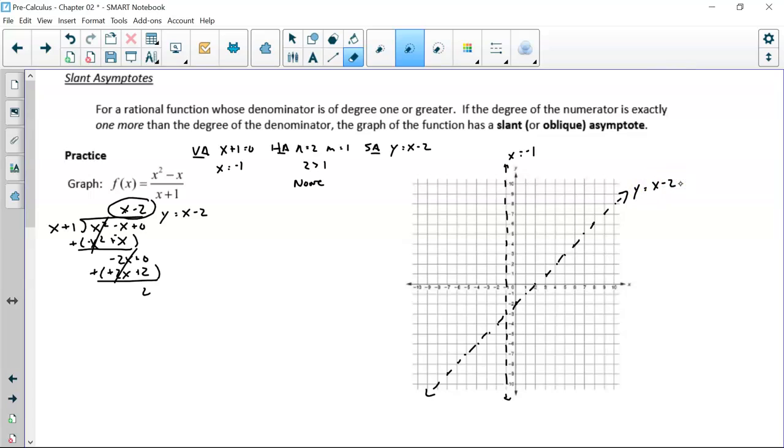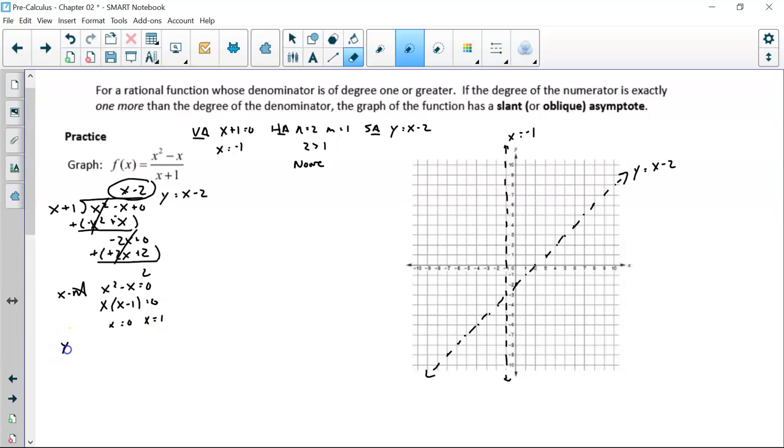Now we can find the intercepts. For the x-intercept, the real zeros of the numerator: x squared minus x equals 0. X times x minus 1 equals 0, so x equals 0 and x equals 1. For our y-intercept, y equals 0 squared minus 0 over 0 plus 1. 0 divided by 1 is 0.